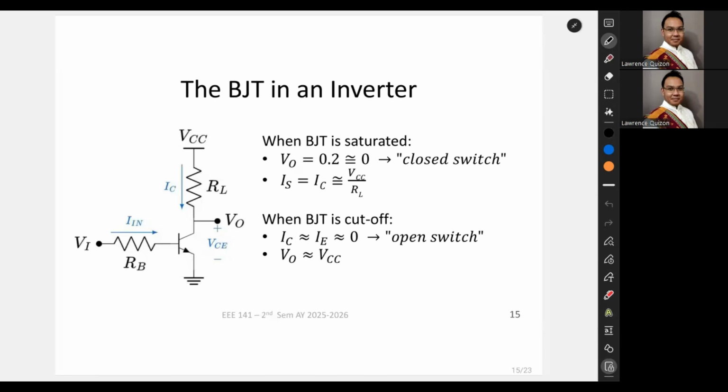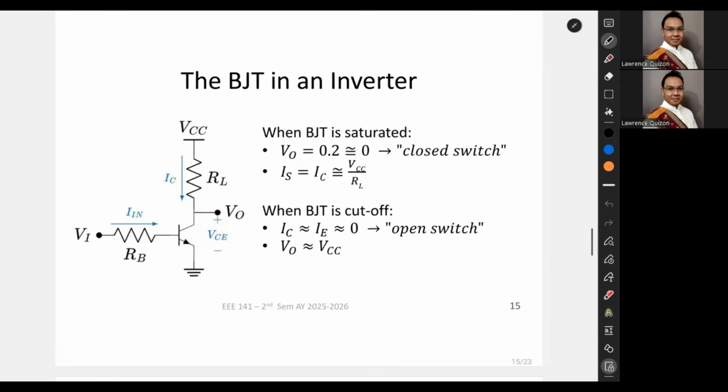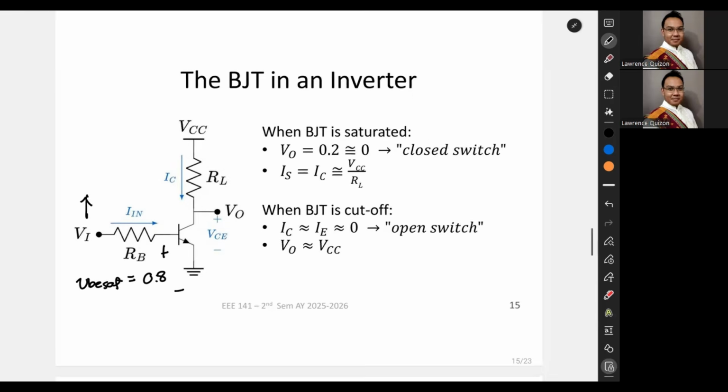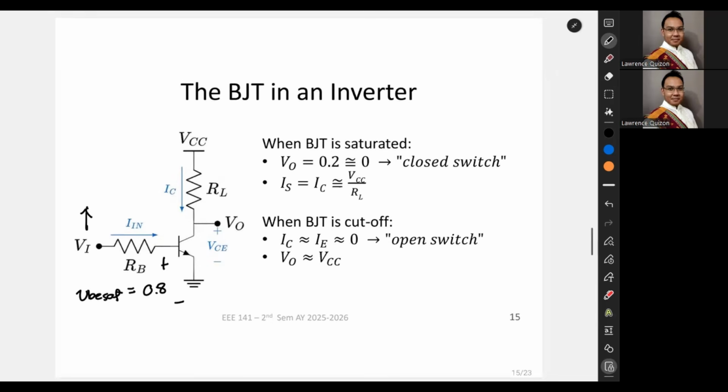When we're trying to use the BJT as an inverter, let's say, for example, that Vin was high, higher than, say, 0.8, which is VB sat. If it's higher than 0.8, then the BJT would turn saturated, so V out would be equal to 0.2.